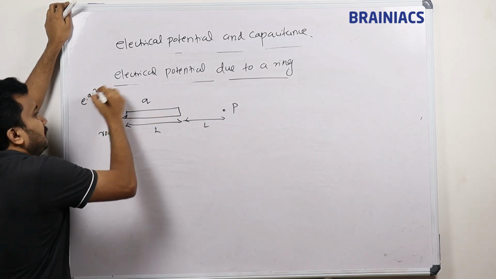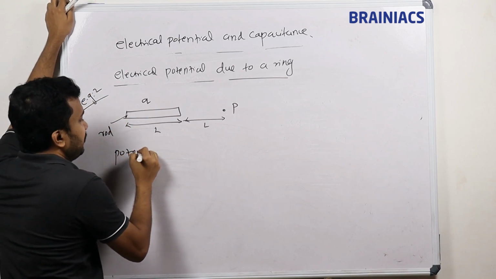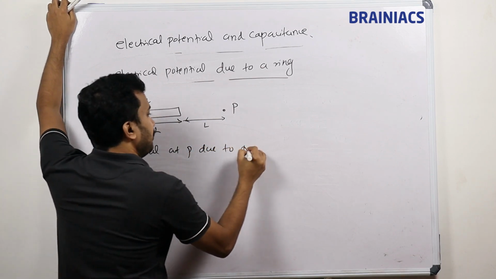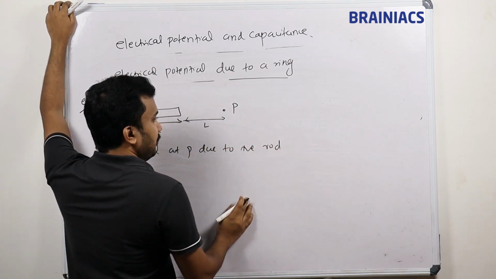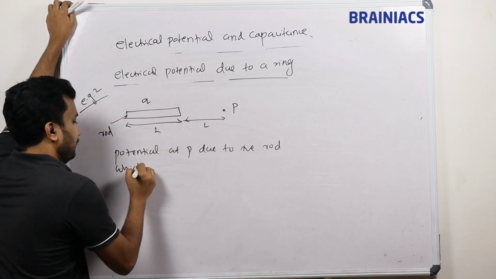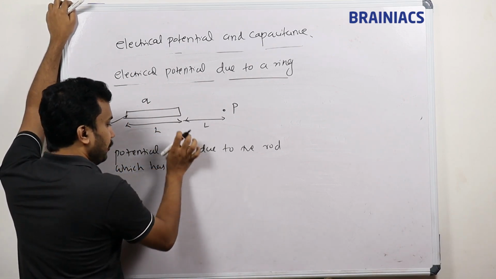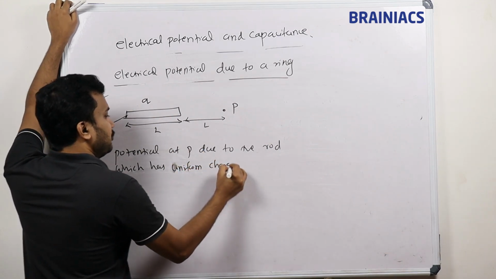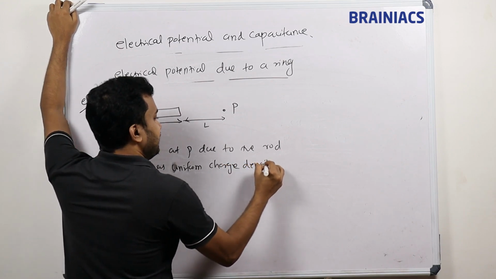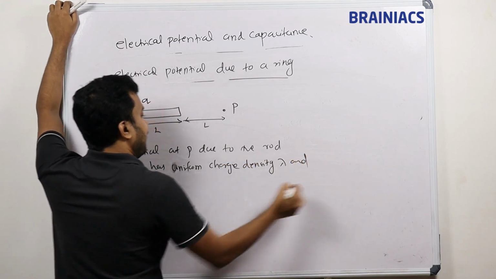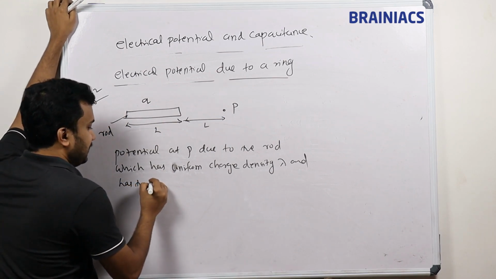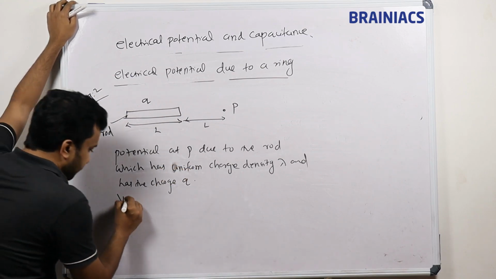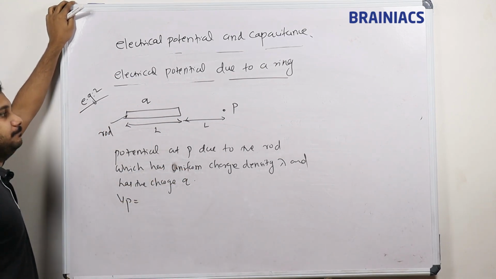The question is the potential at P due to the rod which has uniform charge density lambda and has the charge q. So potential at P will be equal to, how to find out?